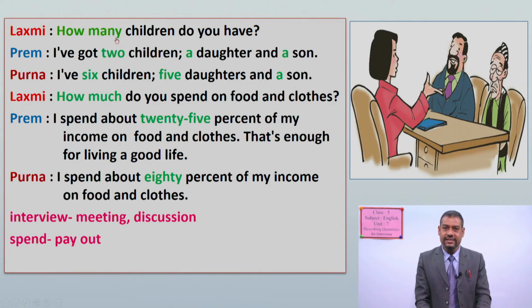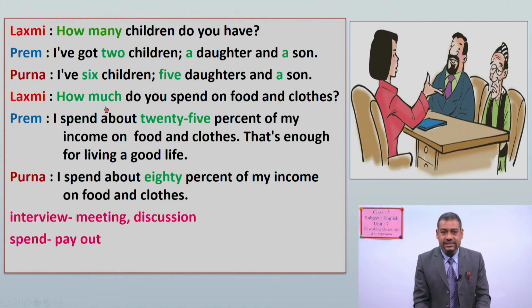Alright, is it clear? So another important thing, see now here is how much. In which condition we have to use how much? Can you tell me now? Good. See, how much we use for the quantity, okay? How many is also used for the quantity. How much is also used for the quantity. How many is used for countable quantity, okay?